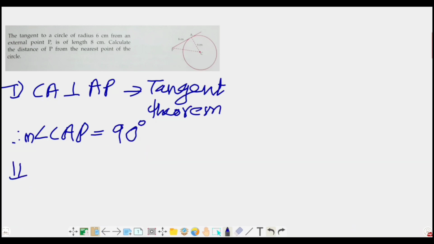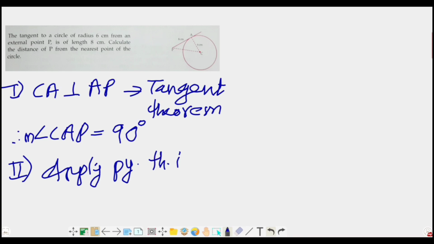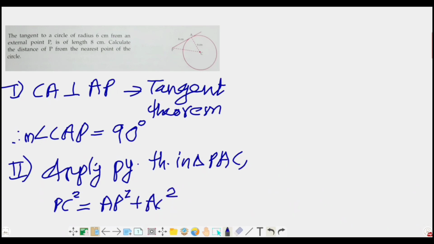Which theorem you can apply in right angle triangle? Yes. So apply Pythagoras theorem in triangle PAC. Now students, your PC is the side opposite to 90 degrees, so it is hypotenuse. So PC square will be PA square plus AC square.